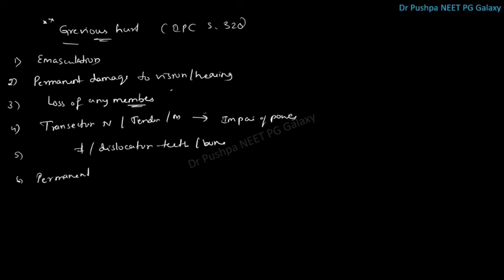Permanent disfiguration of face or head. And any type of hurt that endangers the life. And any type of hurt so that the patient is unable to do daily work or severe body pain for more than 20 days. So these are some important points to remember in case of forensic medicine.